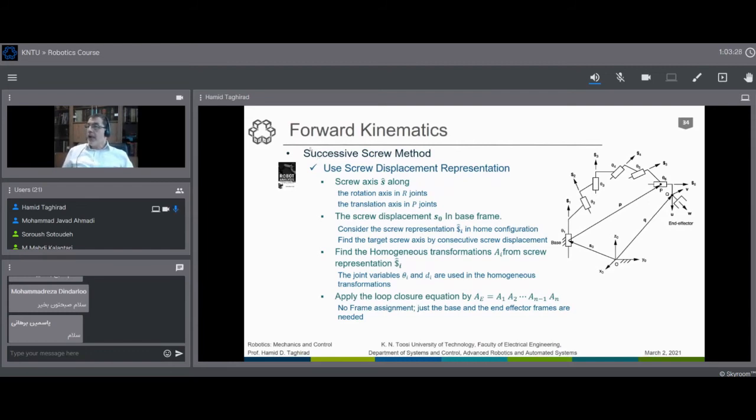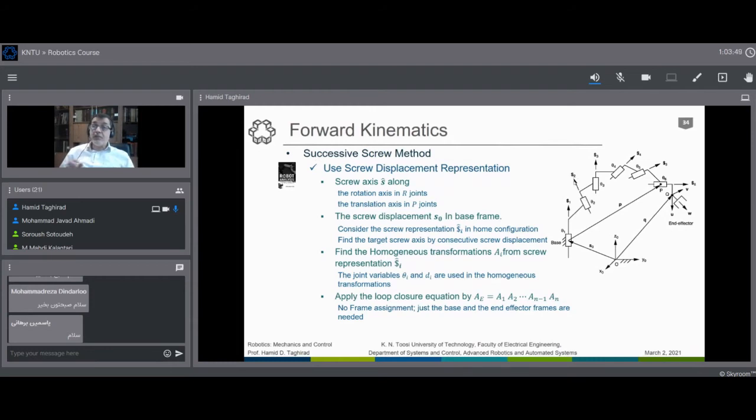What is a screw? If we have a rotational axis, we know that there is an angle about it. This can be represented by a screw, not a z-axis. In Denavit-Hartenberg, we call it a z-axis, but here we call it a screw.